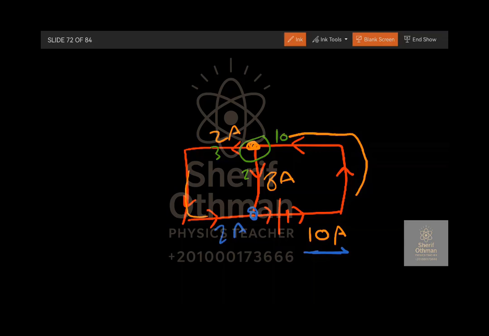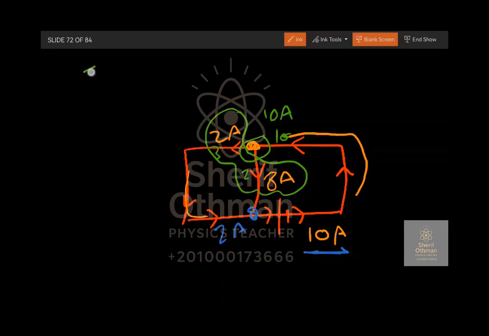If 10 amperes are entering the joint, the branch number 1 is carrying a current of 10 amperes, and 2 amperes and 8 amperes are moving out of the joint, which are carrying the same current.